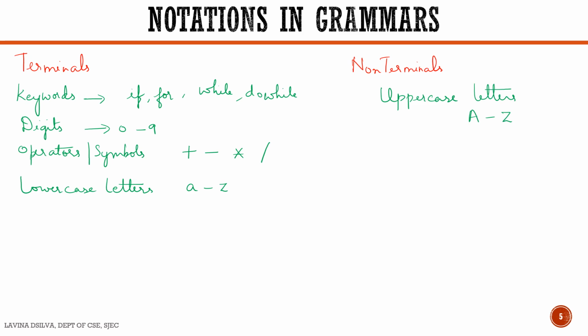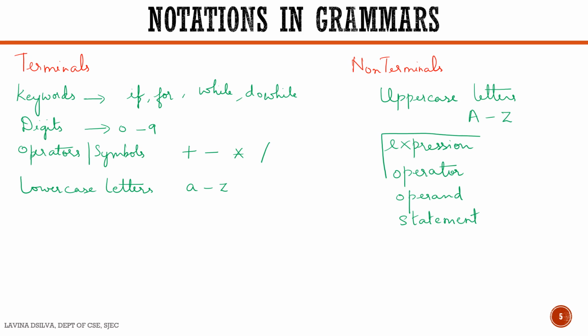Then we can have names like expression, or it can be an operator, or a name like operand, or statement, etc. We are talking about names here, or terms which can be replaced.